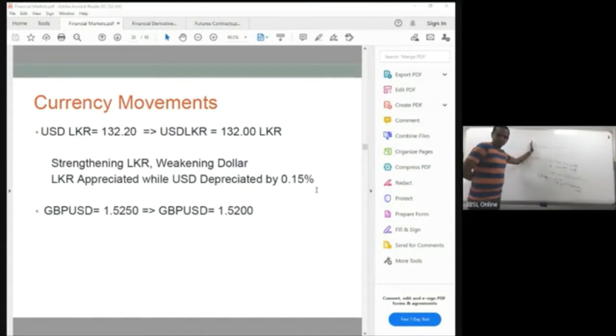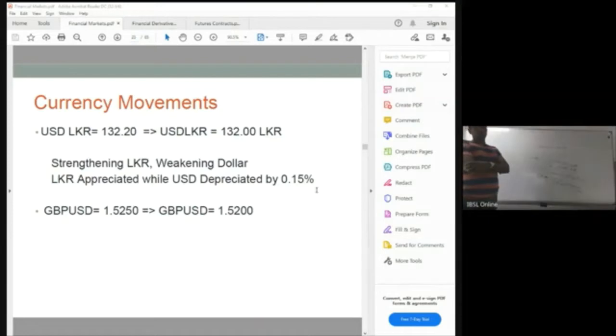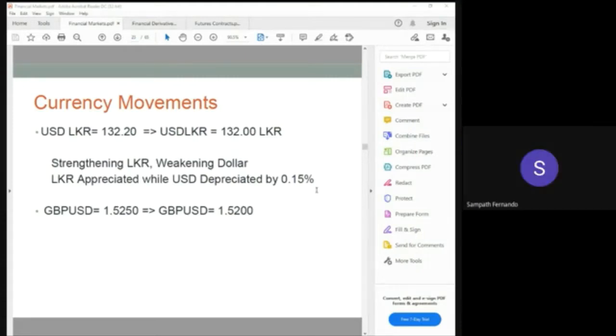The mango has increased in value or the mango has dropped in value? Mango has increased in value.